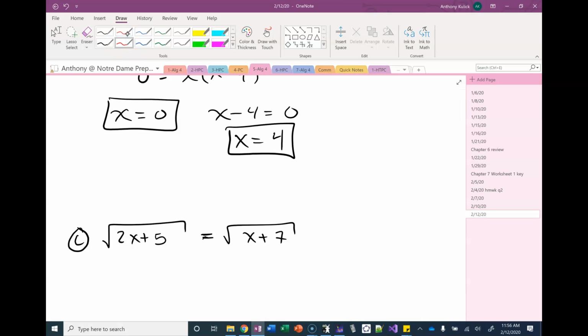So take a look at this problem. How is this different than the previous problem? Yeah, there's two x's still, but this time they're both under square roots, right? Okay. What am I going to do first in this situation?